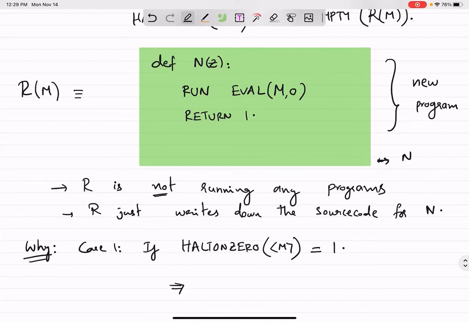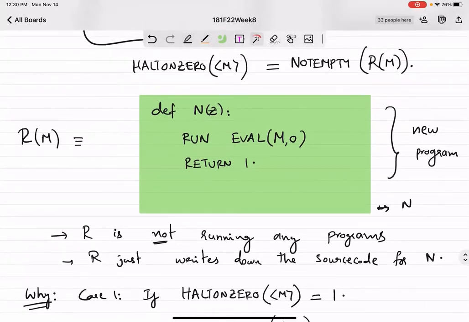So what can you tell me about not empty of N in this case? Is there any input on which N would output 1? Yes, in fact, on all inputs it would output 1, because it would halt here and then move on to the next step and return 1.